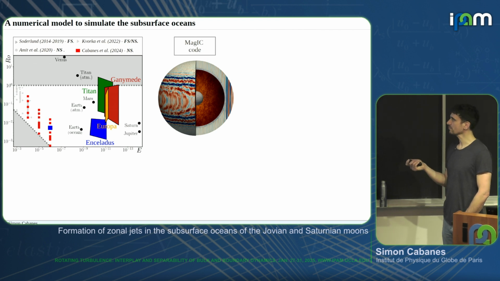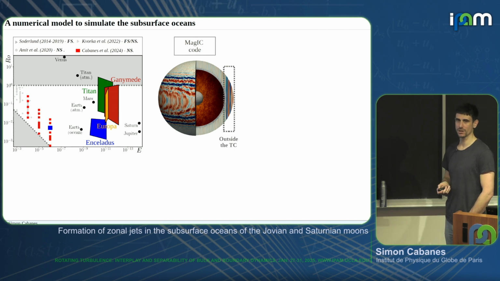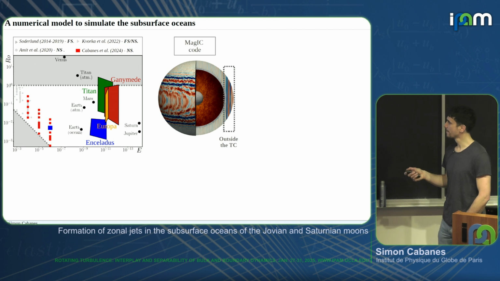And it's for this reason, I guess, that we have chosen to compute the spectral analysis I introduced previously outside the tangent cylinder, where most of the kinetic energy concentrates.